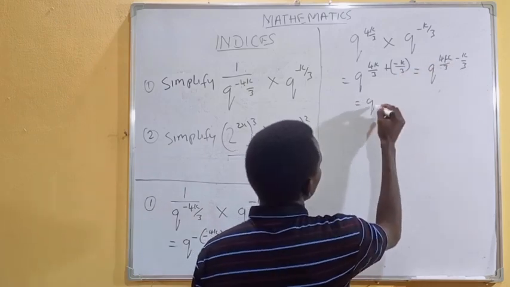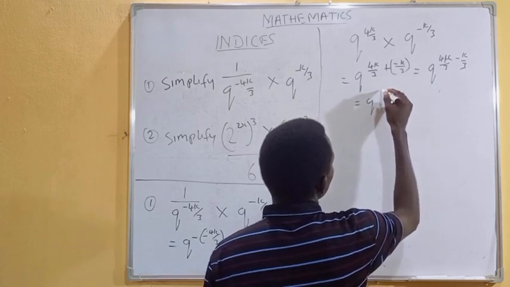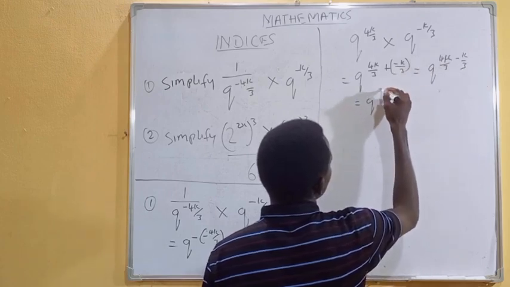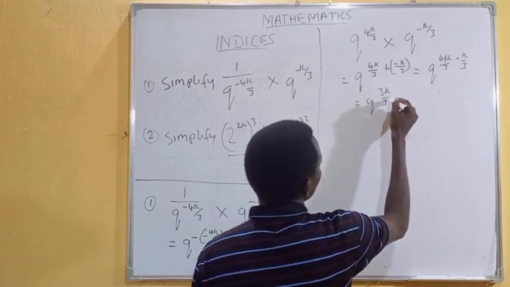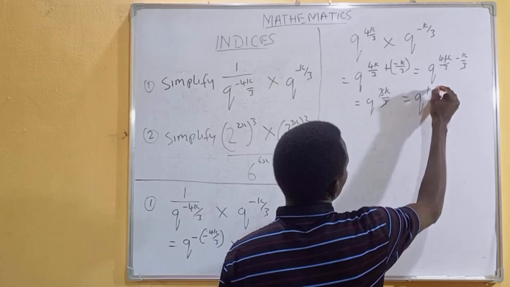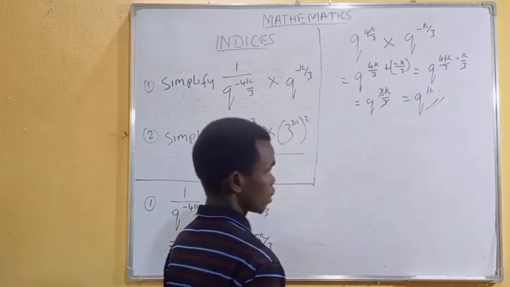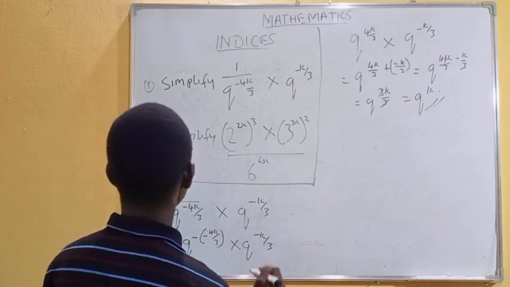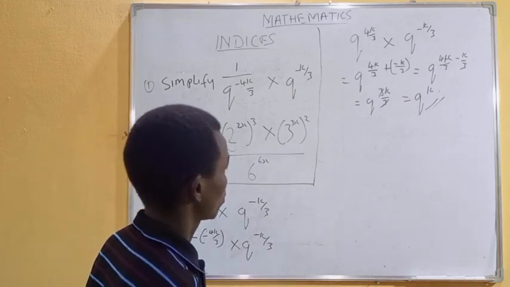Now the numerator will be 4k minus k, which is 3k over 3. The 3 cancels the 3. The answer will be q raised to the power k. This is our answer for question 1. Let's consider question 2.